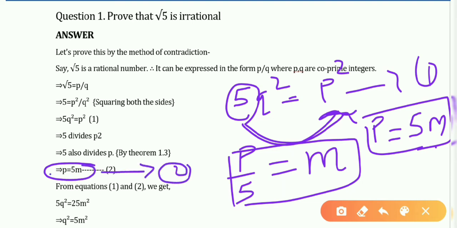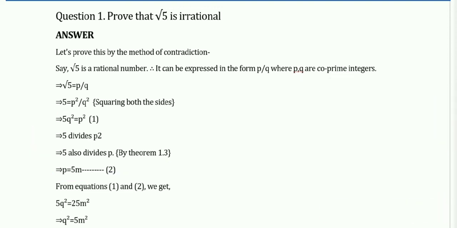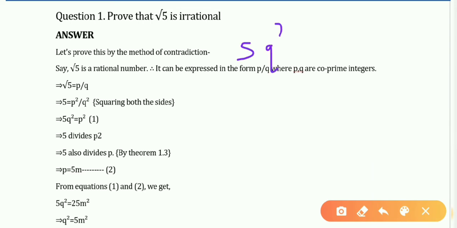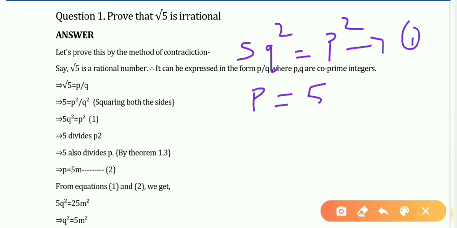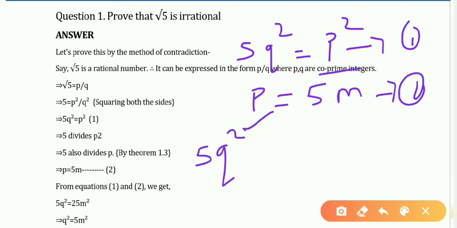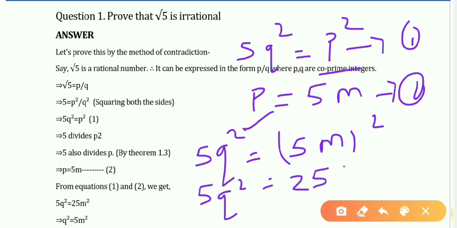Now this equation I use in the first equation. The first equation is 5q square is equal to p square, and the second equation is p is equal to 5m. Now I am putting the value of p in equation 1. I get the result 5q square is equal to 5m whole square, and after solving this I get 5q square is equal to 25m square.